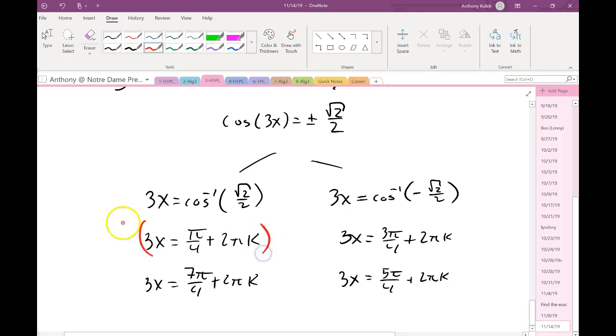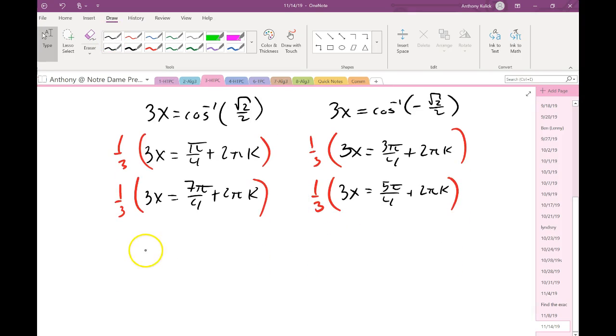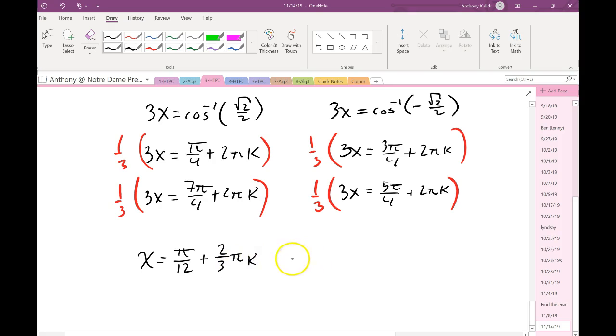And then when I multiply both sides of each of these by 1/3, I'm going to get x is equal to pi over 12 plus 2/3 pi k. X is equal to 7 pi over 12 plus 2/3 pi k. And then I have 3 pi over 12, which really reduces to just pi over 4. Let's write it that way.